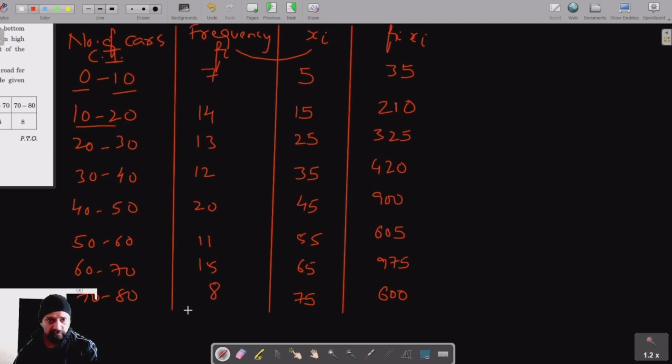The sum total of the frequency, we all know, is 100.